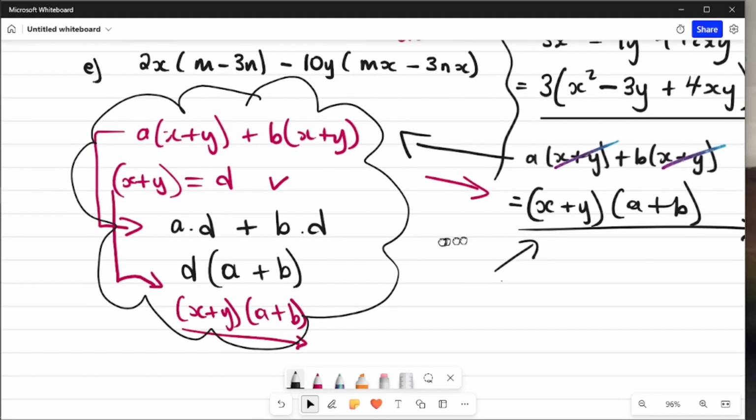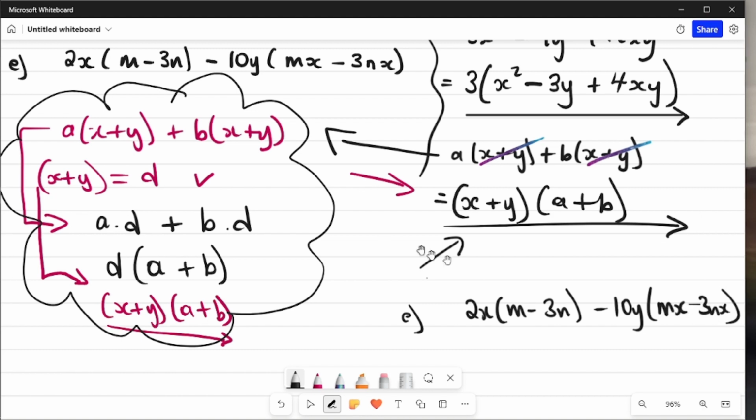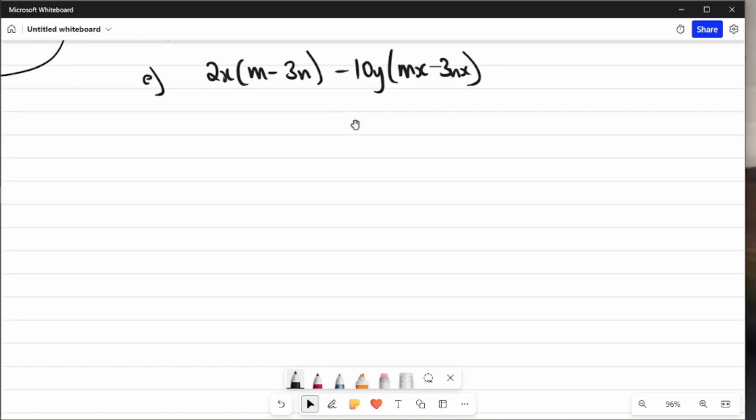Let us move now to question E. Question E, we are given 2x bracket m minus 3n minus 10y bracket mx minus 3nx. Now we have to factorize here as well. I'm going to start with the second term because it's very complicated.